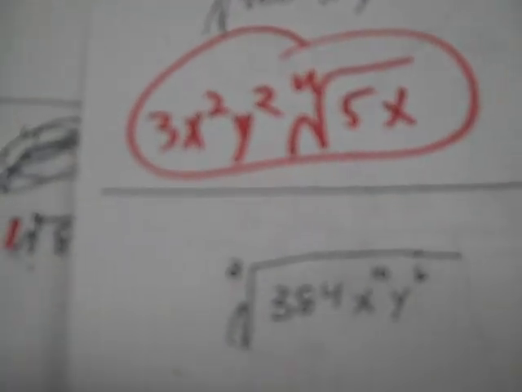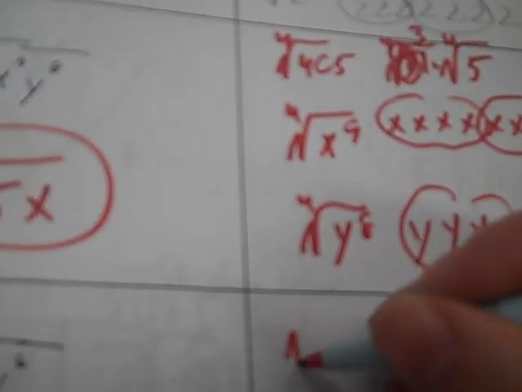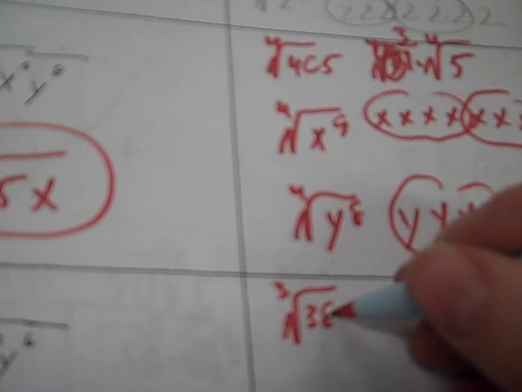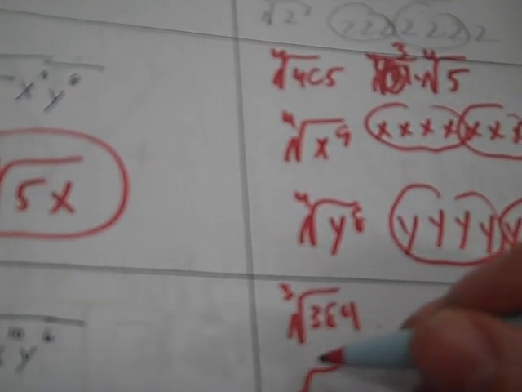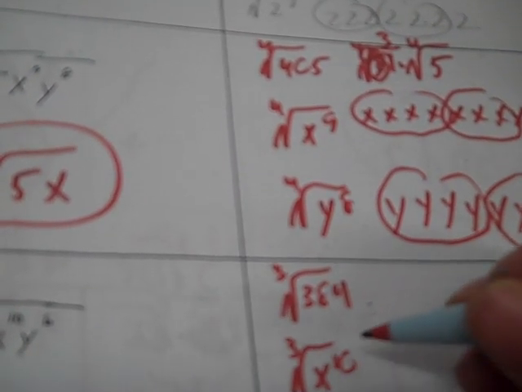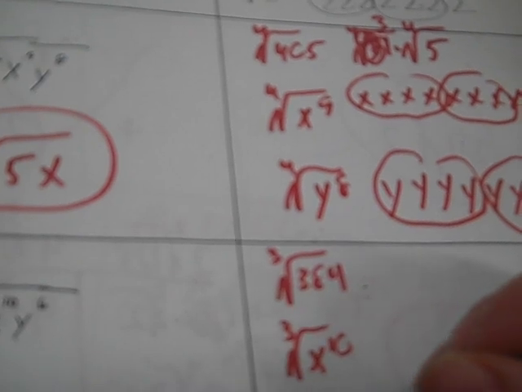Okay, now with these exponents, that's a cubed root. So we're going to break that up. Okay, 384, so you got cubes. 384, not divisible. Yup. Nope.